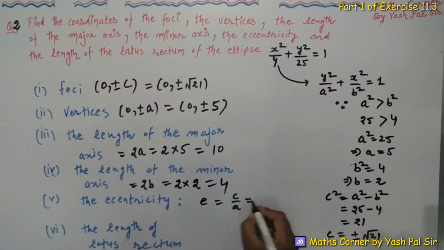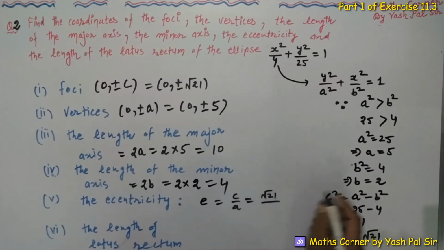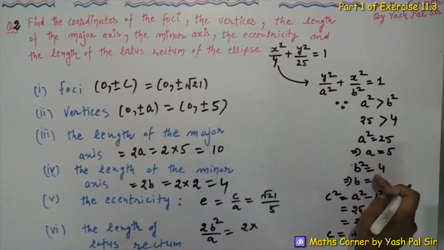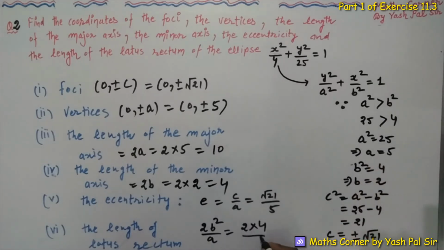So this becomes, what is c? Square root 21 upon a is 5. Lastly, we have the length of latus rectum. So this is 2b square upon a equal to 2 into b square is 4 upon a is 5 equal to 8 upon 5. Now next part, next question.